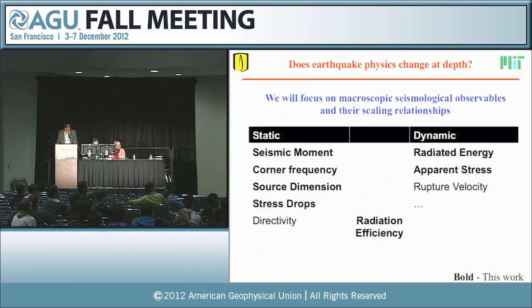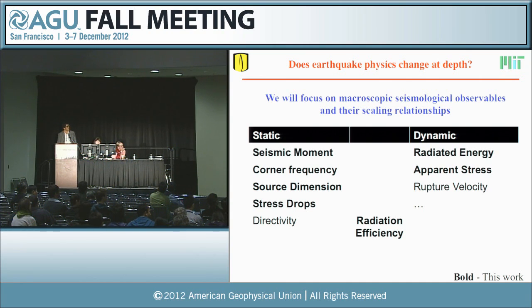But the question that they might have is, is the physics behind the rupture of these events different when you go to depth? And what I'm going to show you today is looking at macroscopic parameters, the seismological observables of these deeper events, and compare them to what we see for the shallower events.